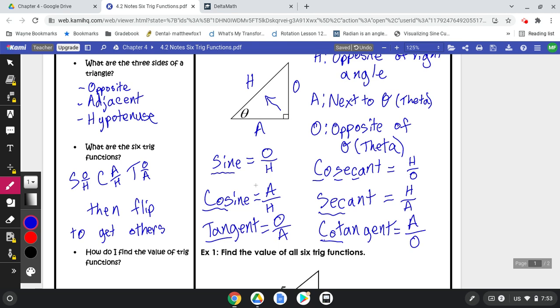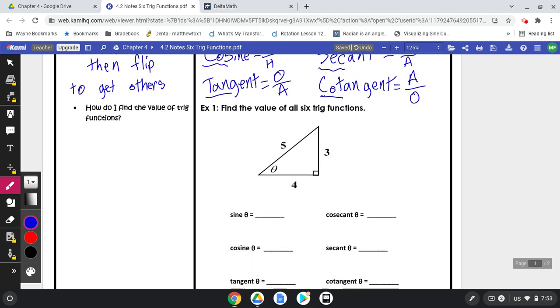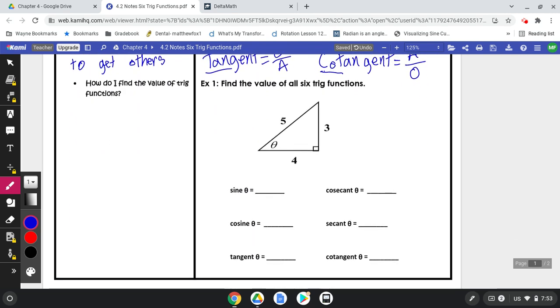It's the reciprocal. Now, when we are asked to find these, the easiest way, in my opinion, is to always start by labeling the triangle. If you label the triangle, then you will be able to easily match in what each of these is. So always start by labeling the triangle with O, A, and H. I think that's the first step that needs to happen.